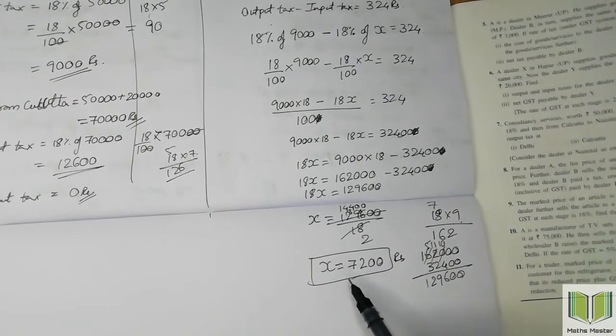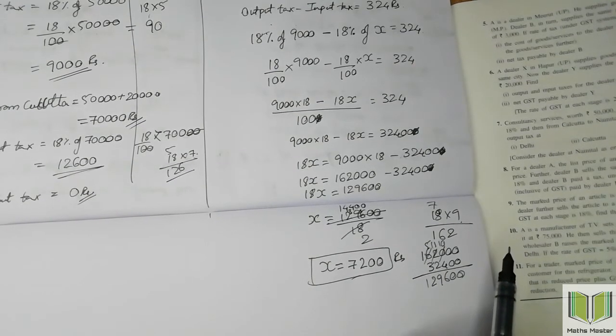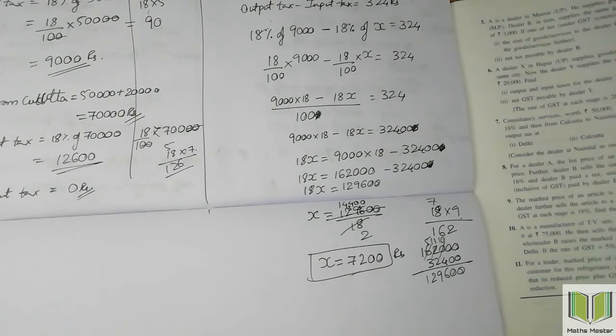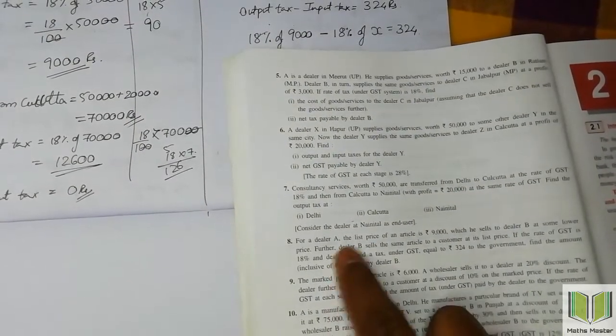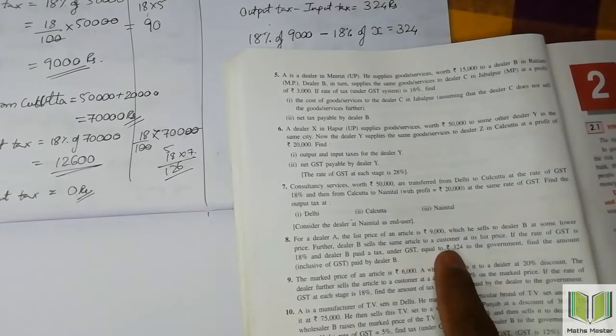So there were 3 people altogether, A, B and C. A sold it to B for a certain amount which we were not knowing. Now the amount at which A sells it to B is 7,200. The price at which B purchases the product is 7,200 rupees and he sells it for 9,000 rupees.